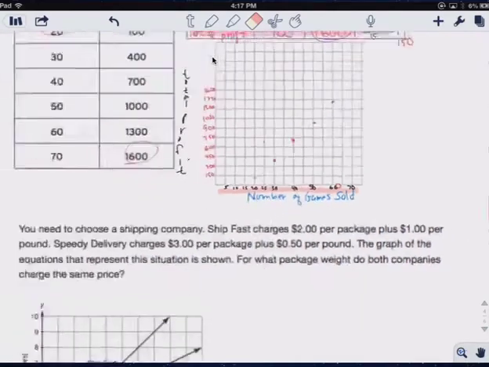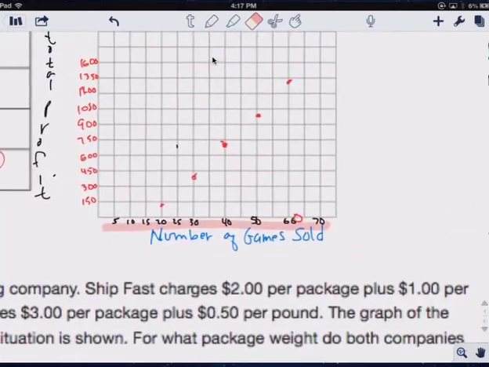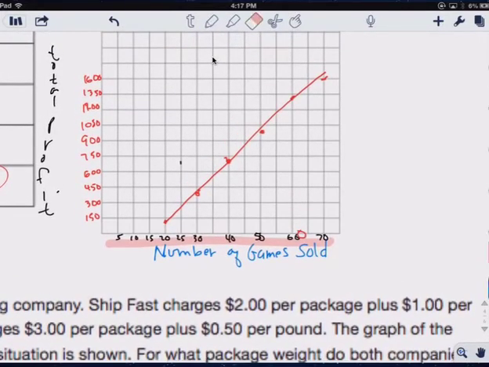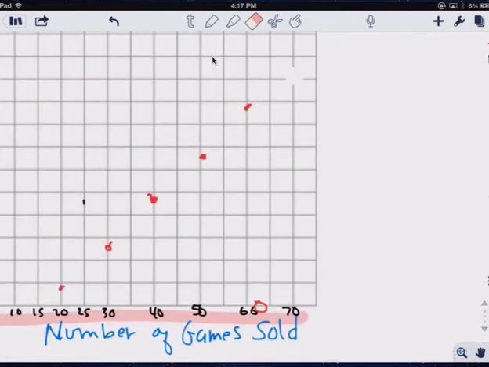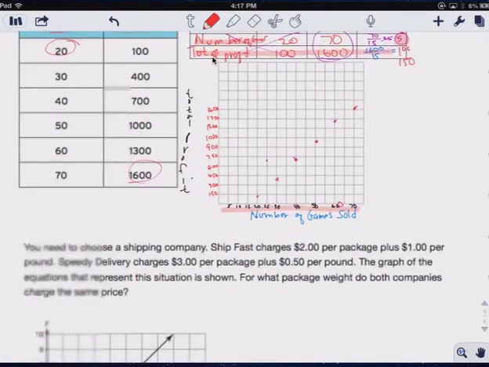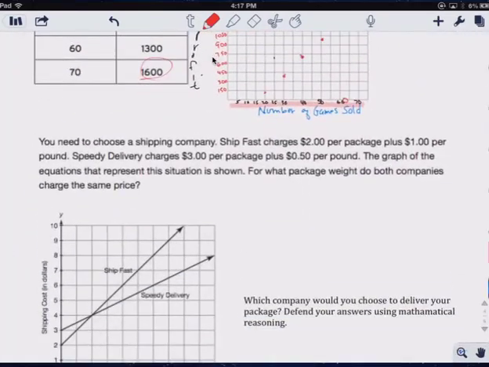And the last one is 70 and 1,600. Oh, no, we don't connect this because we can't sell half of a game. So we leave this unconnected. Unless there's two graphs, don't graph it unless it's necessary.